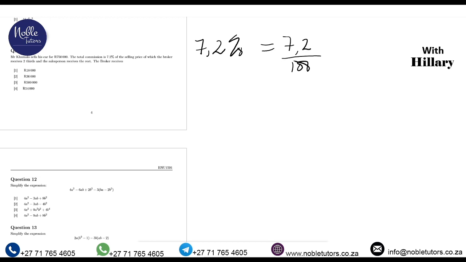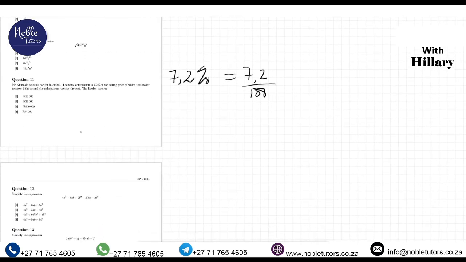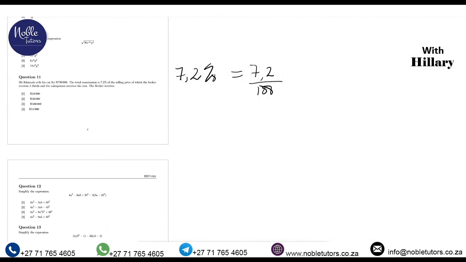If you're not using a calculator, you can just say 7.2 over 100. So in other words, you will first look for the percentage of 750,000 that is being paid as a commission, and then after that, you multiply by how much they are getting. When you're dealing with a percentage, this is also part of chapter 2 of our study guide that we need to look at in terms of percentages.